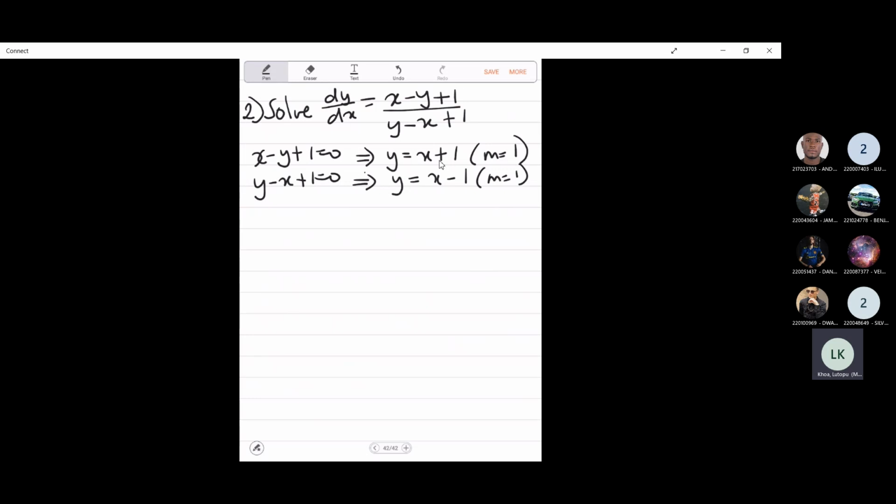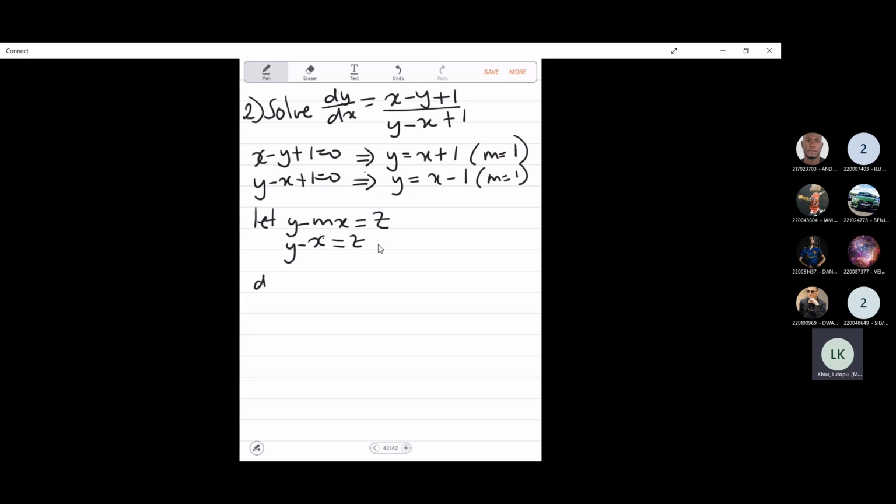Then we make the substitution. So with parallel lines, the substitution we make is we let y minus mx equal to z. So remember, z here is a function of x, and here our m is 1, so that means we have y minus x is equal to z. So I've replaced m with 1, which I get from here. Then just differentiate.